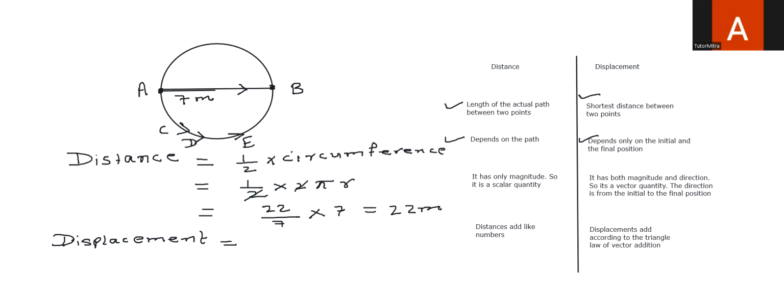This will be the length of the diameter of the circle, or this will be 2r, or we can say 2 times 7, that is 14 meter. Coming to the next example.